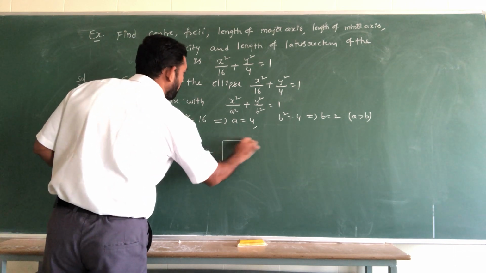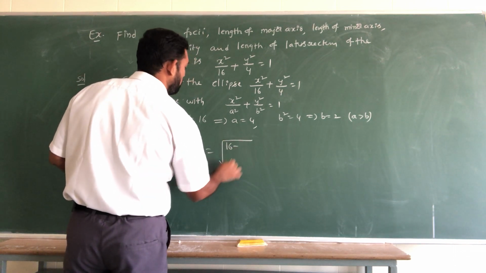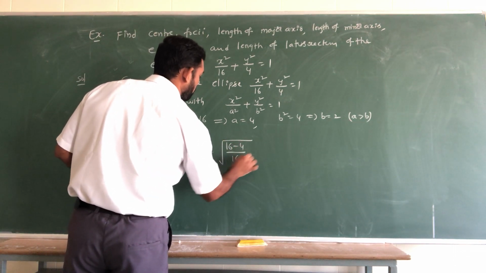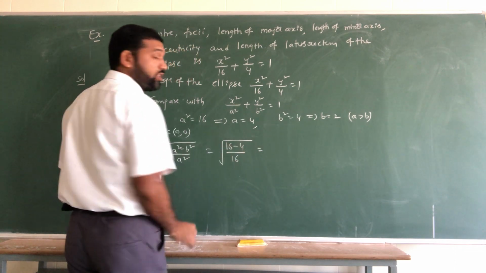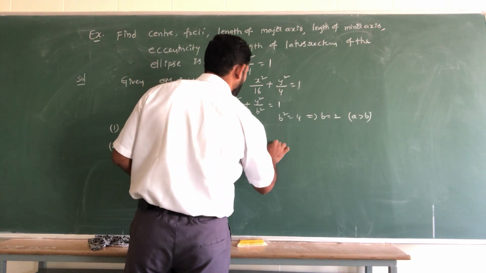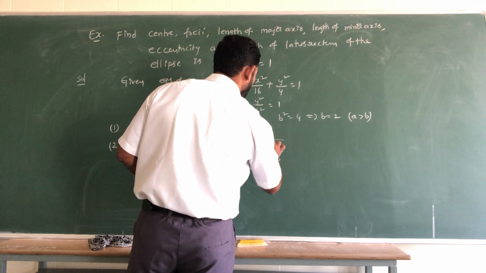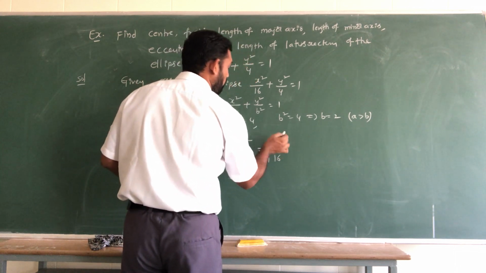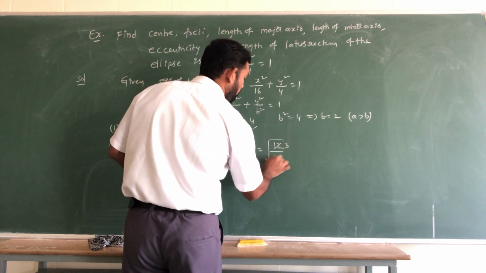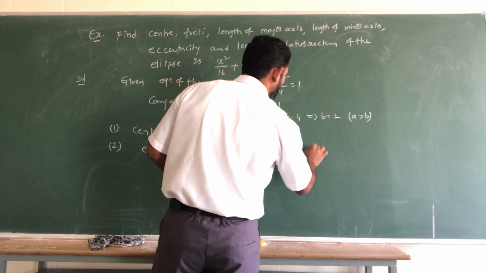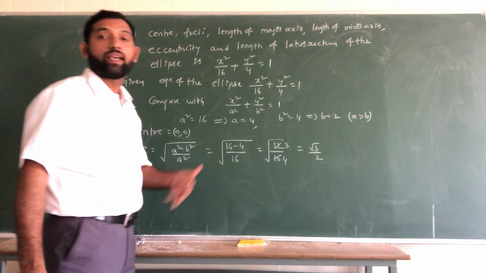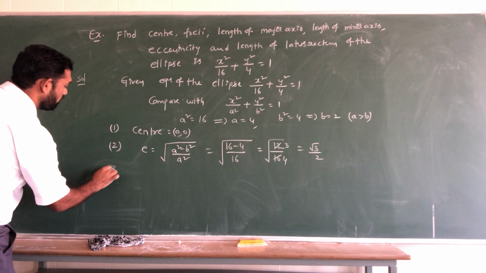So a square value 16, b square value 4, divided by 16. Then simplify: 16 minus 4 is 12, 12 divided by 16. Simplifying, this value is root 3 by 2. That is our eccentricity.